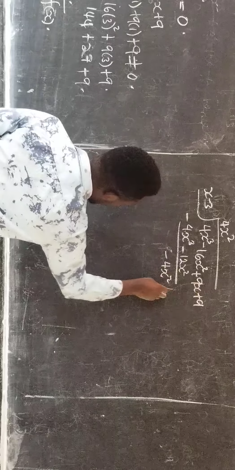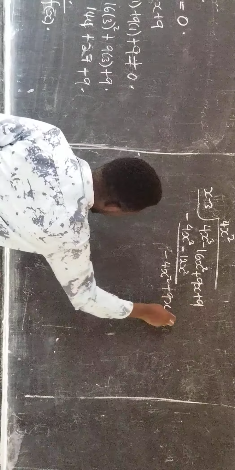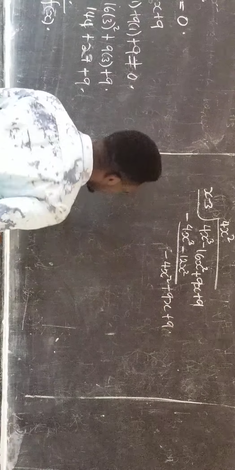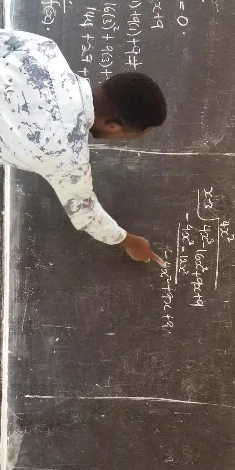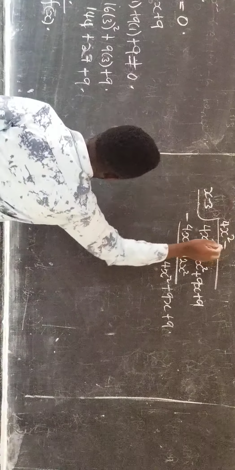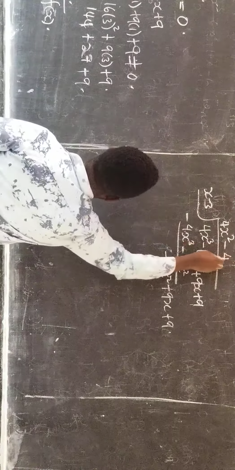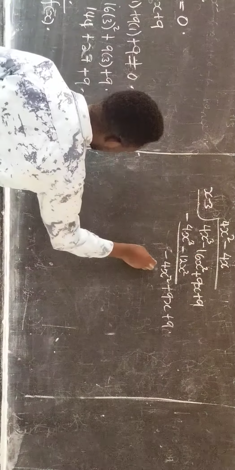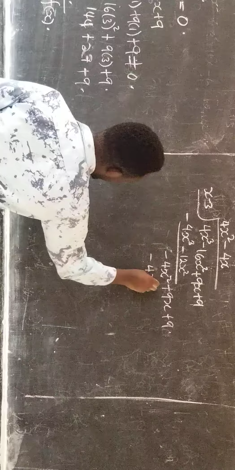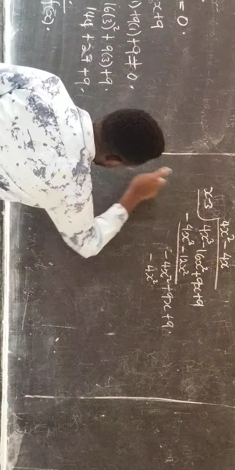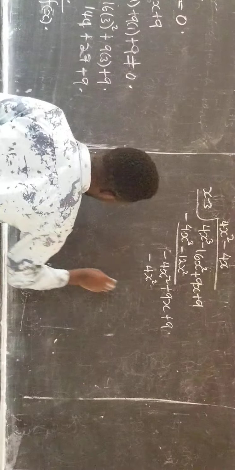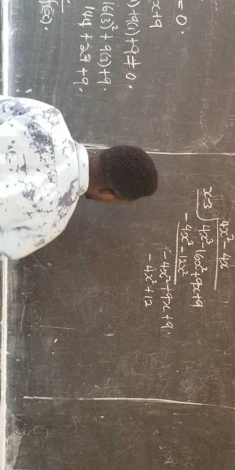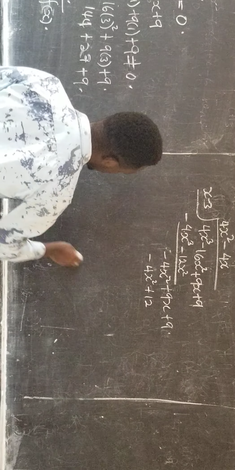Plus 9x plus 9. Still this one is divisible by x. I will get 4x. 4x times x will come back to 4x squared. 4x times 3, that will be positive 12x.